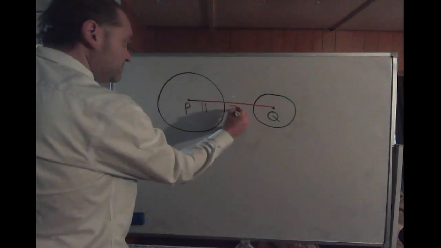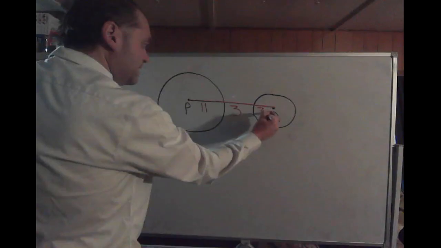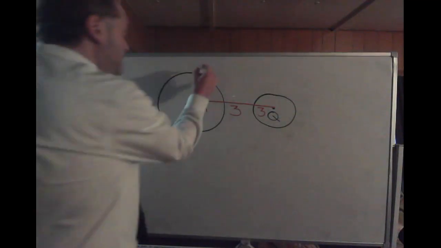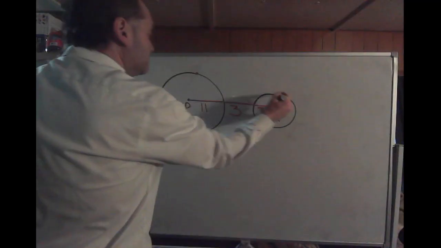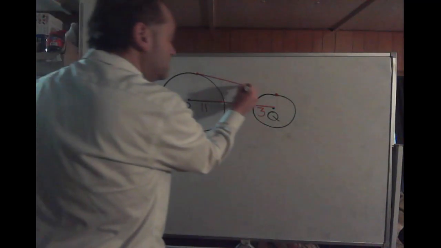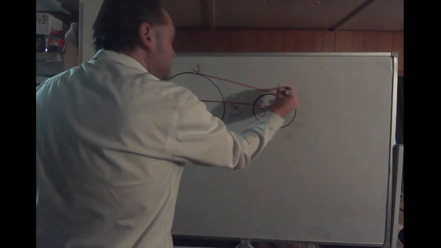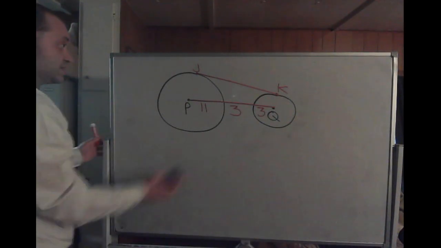This length here is 3, and then the radius of circle Q also has a length of 3. So that's going to be important to note. And then you have a tangent line here, an external tangent. You have external tangent JK that is tangent to both circles P and circle Q externally. Let me label those in black.